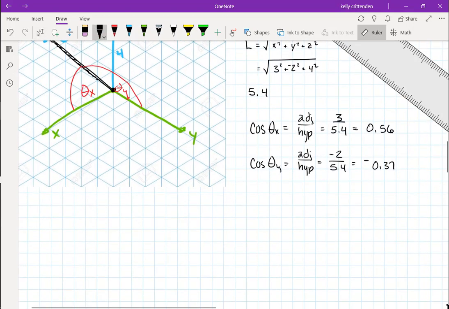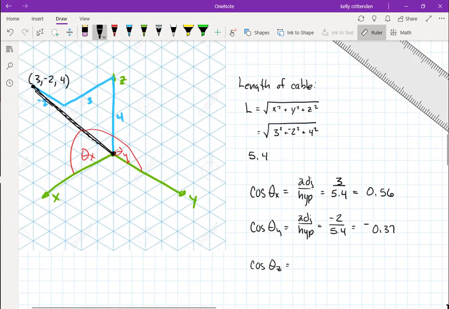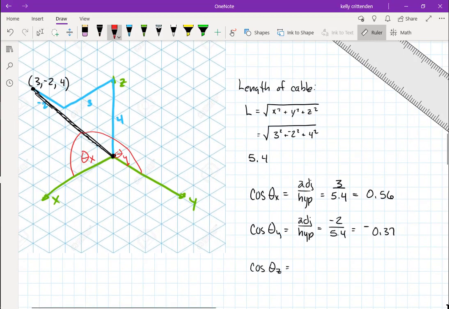And then I need one for cosine of theta z. So this one is this guy. And this is where, if all of this stuff is labeled at once on one of these, and there's 3 of these cables, plus some kind of external force that's creating all the tension, then it gets really cluttery.